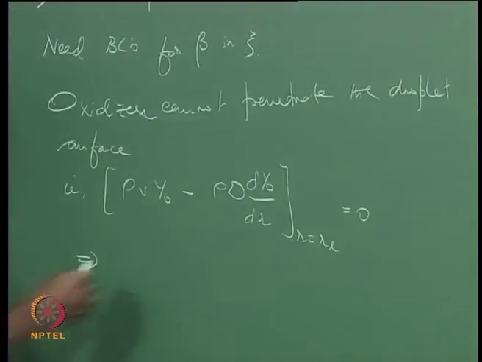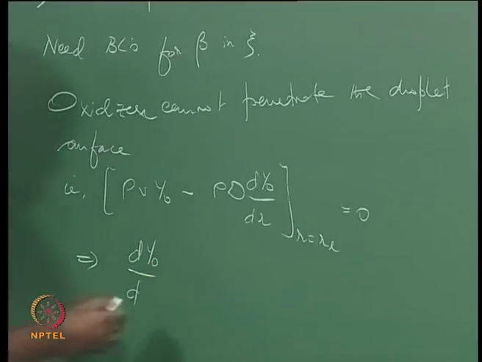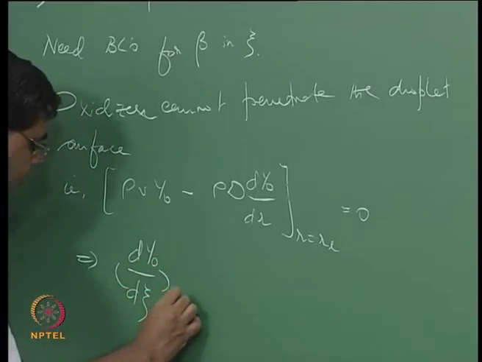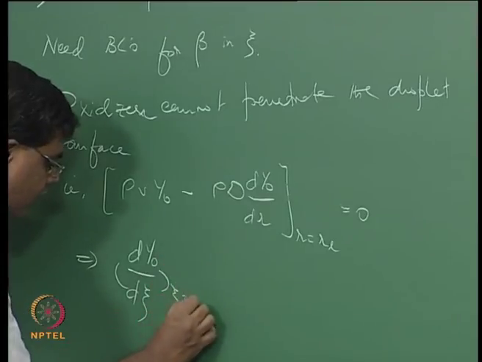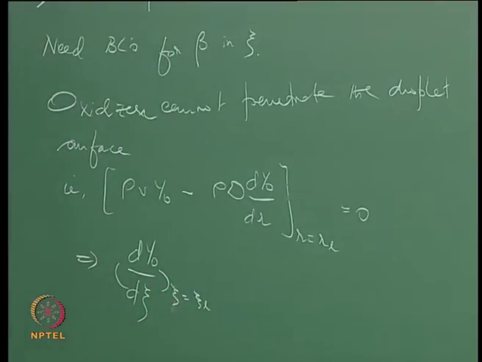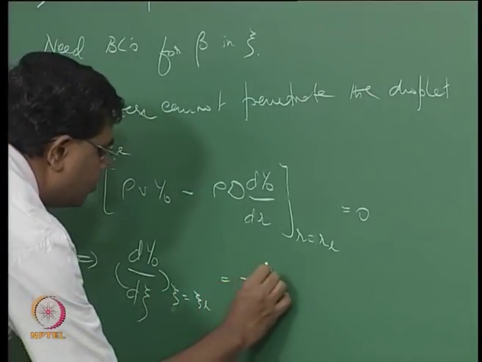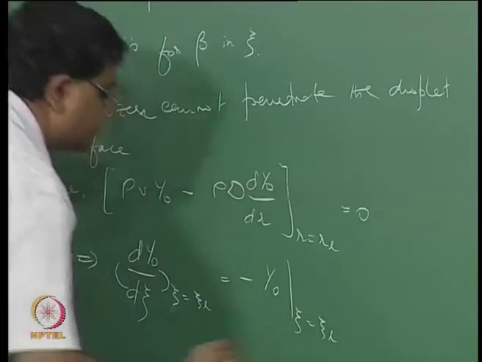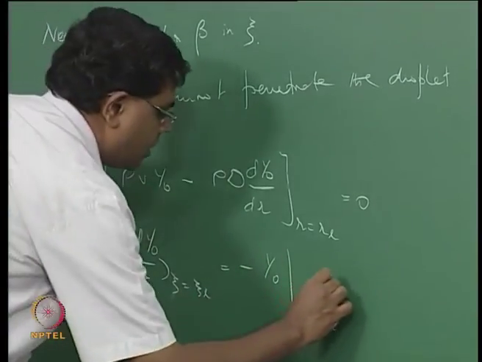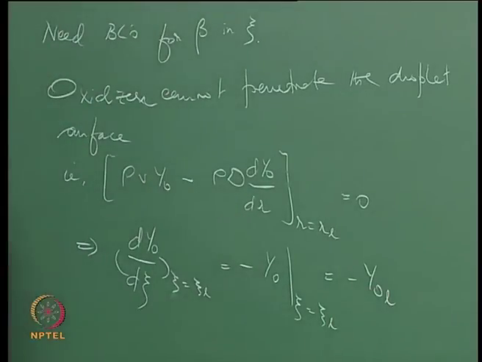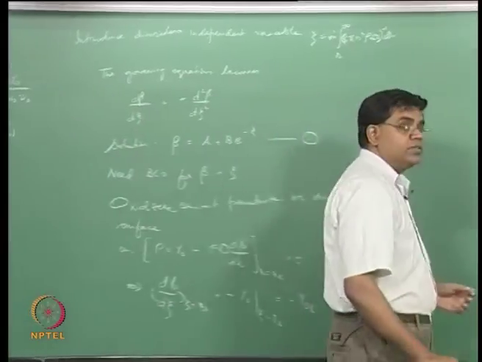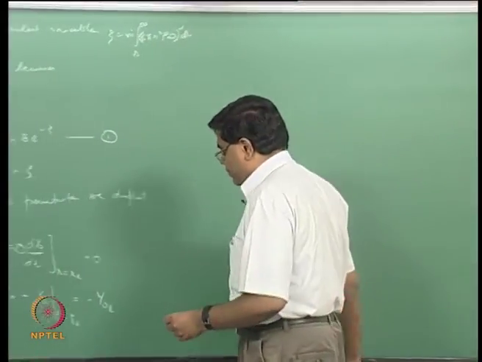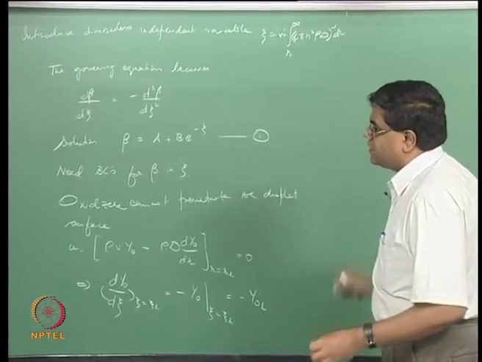And dY_O/d psi at psi equals psi_L is equal to minus Y_O at psi equals psi_L, which can simply be called minus Y_OL, where Y_OL is the oxidizer concentration at the liquid droplet surface.